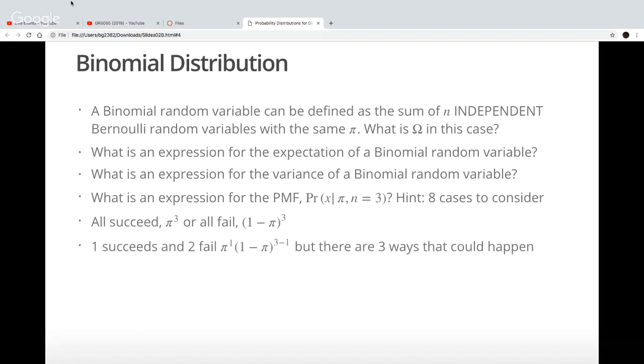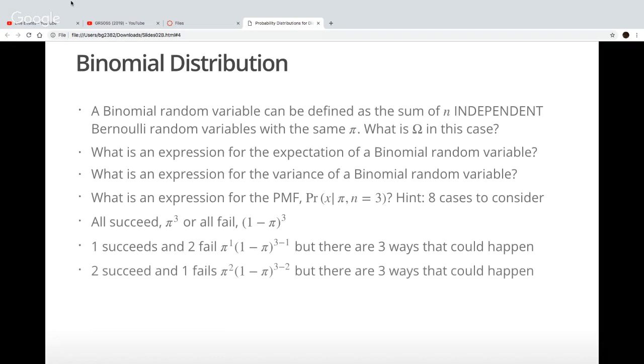So that would be pi, trivially raised to the power of 1, times 1 minus pi raised to the power of 3 minus 1, or 2. But the 1 succeeds and 2 fail can happen 3 different ways. The first one could succeed and the last 2 fail, or the middle one could succeed and the edge 2 fail, or the last one succeeds and the first 2 fail. So there's 3 different ways to accomplish that. So we're now up to 5.